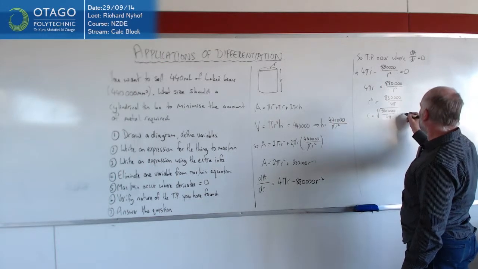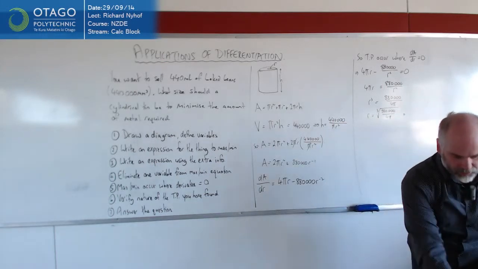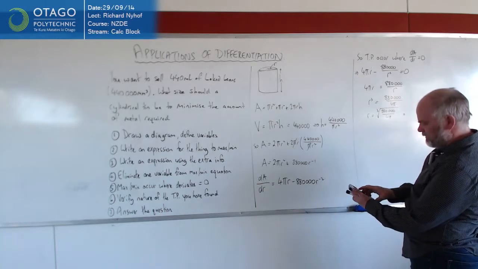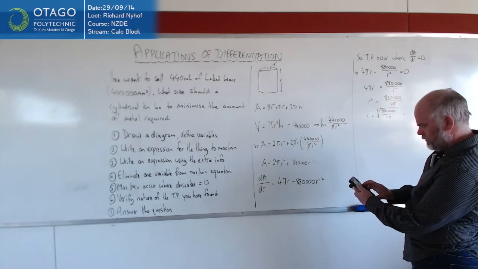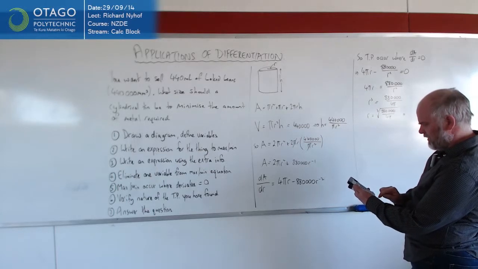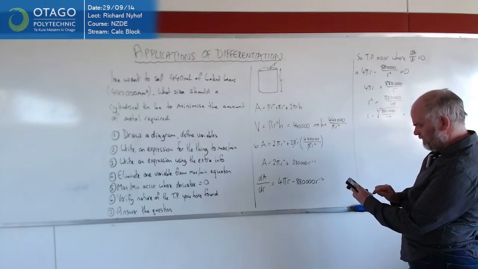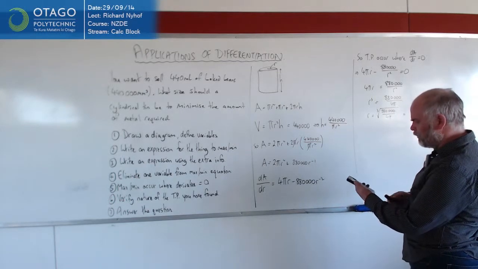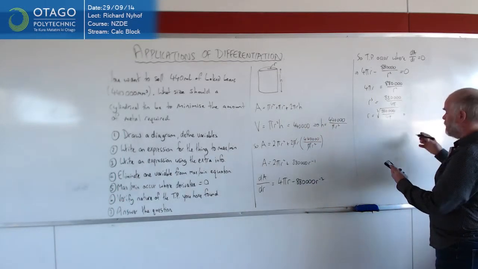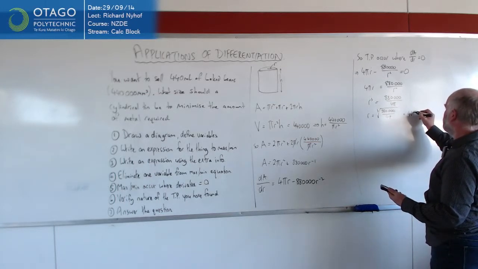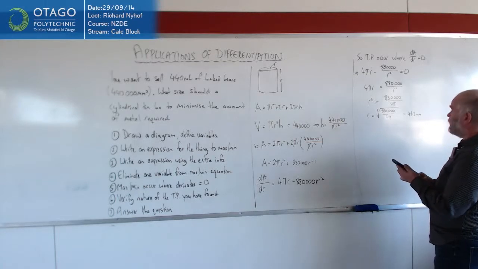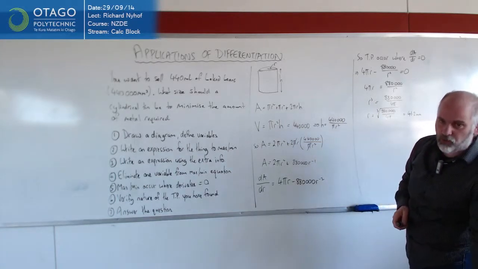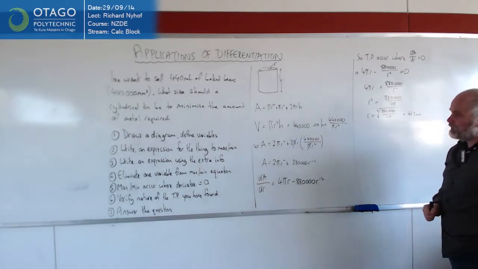And I haven't got a clue what that is, but I have brought a calculator with me. So here we go. Cube root of 880,000 divided by 4 pi equals 41.2 millimeters. Okay, so I think the radius of this tin should be 41.2 millimeters.